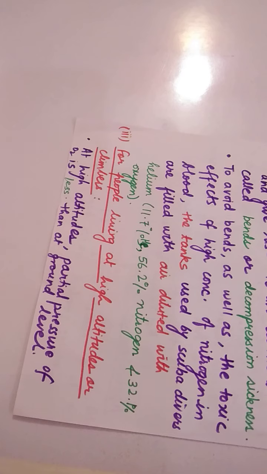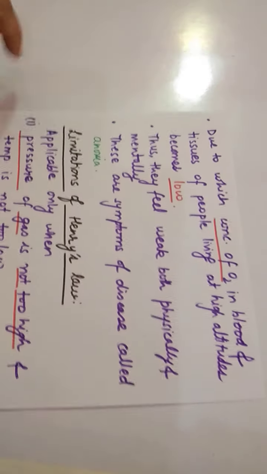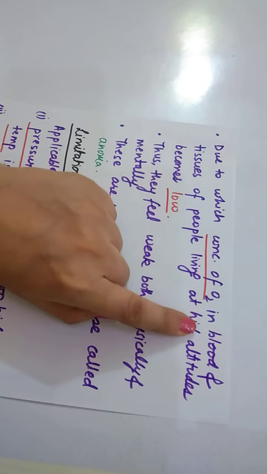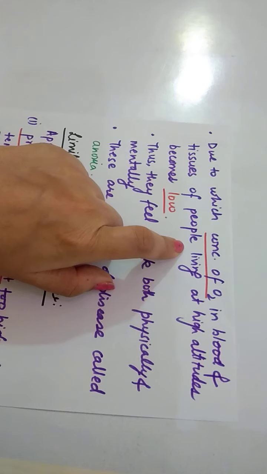Generally at high altitudes, pressure of O2 is low. You all know it. When you move to higher altitudes, pressure of O2 is always low as compared to the pressure of O2 at ground level. So when pressure of O2 at high altitude is low, the concentration of O2 in blood and tissue becomes low.